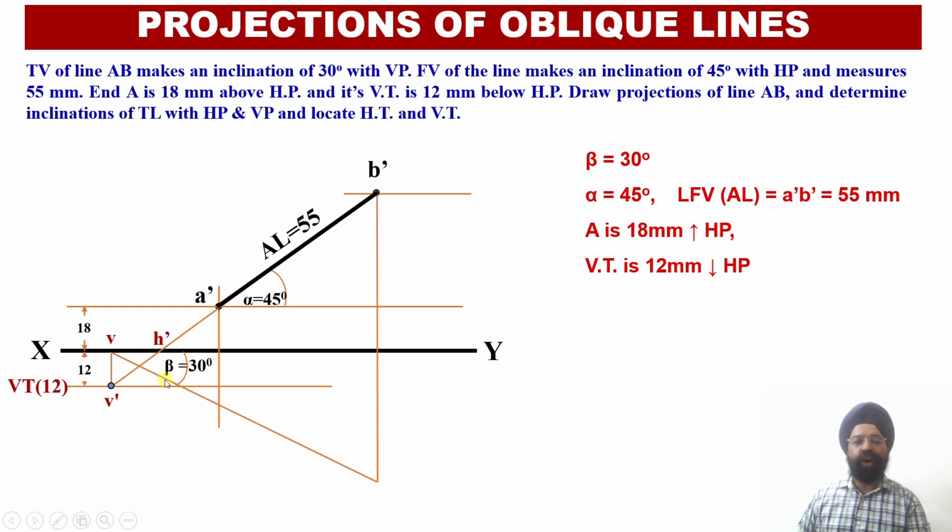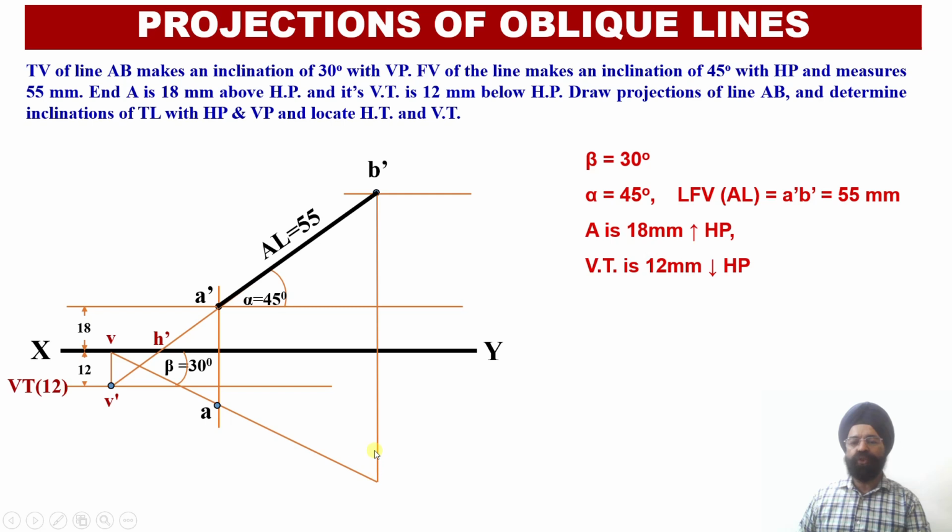The moment we draw this projection line, wherever this orientation of the plan projection line intersects with the vertical projector through A dash, I am going to obtain point A over here. Similarly, wherever this inclined projector line at an angle of beta equal to 30 degree intersects with the vertical projector line through point B dash, I obtain point B over here.